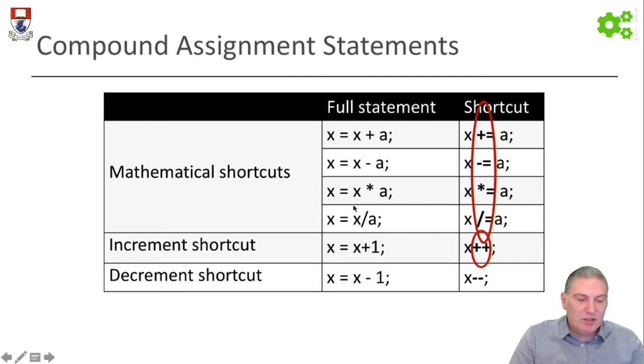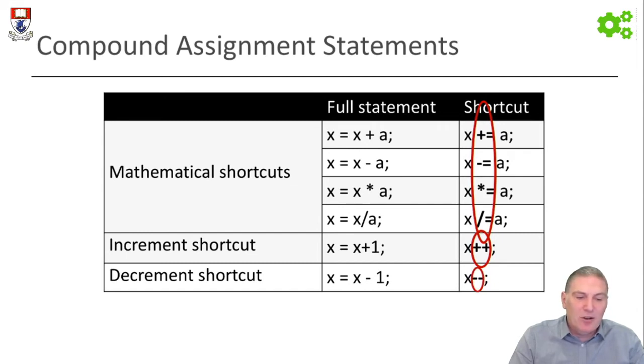We use the next two quite a lot. If we want to just add 1 to a variable, we say x plus plus. If we want to subtract, or decrement, instead of saying x is assigned the value x minus 1, we'd use x minus minus.